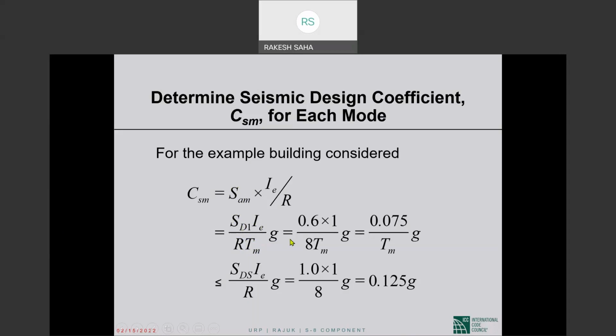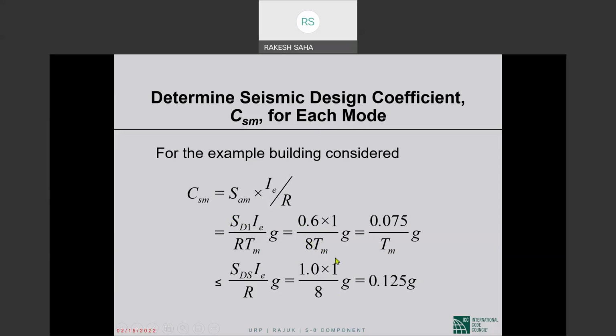And then that comes in our case to S sub D1 is 0.6. The G has to be inserted because that is a coefficient. We need an acceleration. So S sub D1 is actually 60% of G. I is 1, R is 8. We are doing a special moment frame.